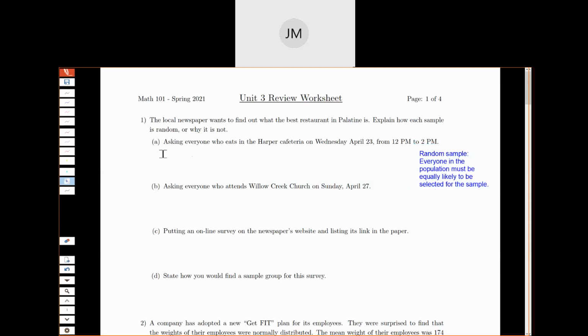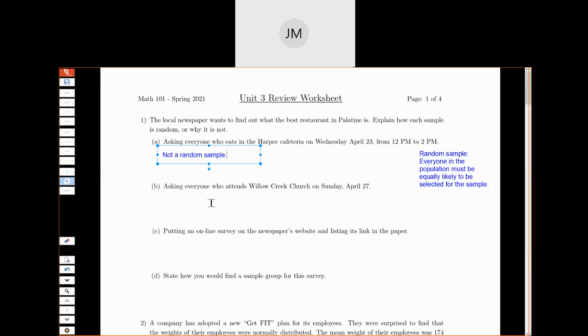So here's a couple methods. Asking everyone who eats in the Harper cafeteria on Wednesday, April 23rd, okay, from noon to 2. This is not a random sample. Okay. So there's two problems with it. Well, there's probably lots of problems with this, but there's two main ones that I see right off the bat. First of all, we're trying to figure out what the best restaurant is, okay? And if we go to a place where you eat food, then the people there are probably not going to be a fair representation of the whole population.